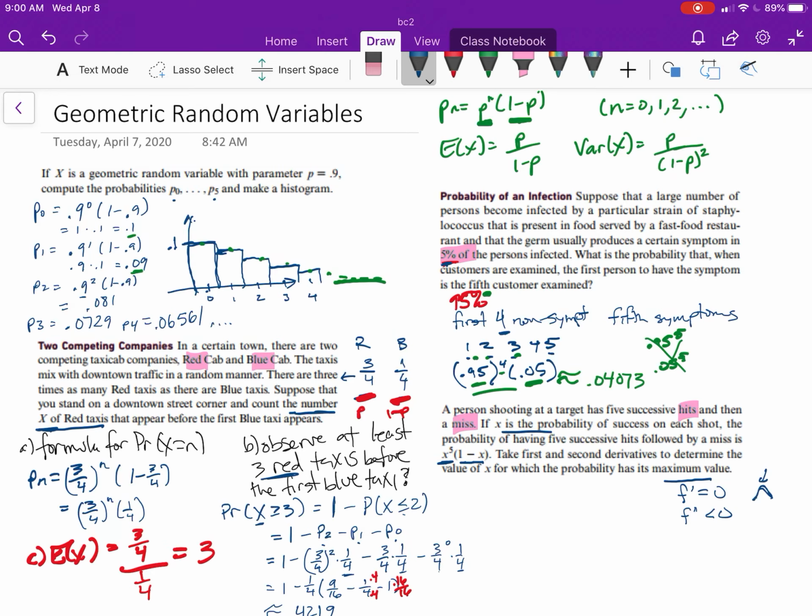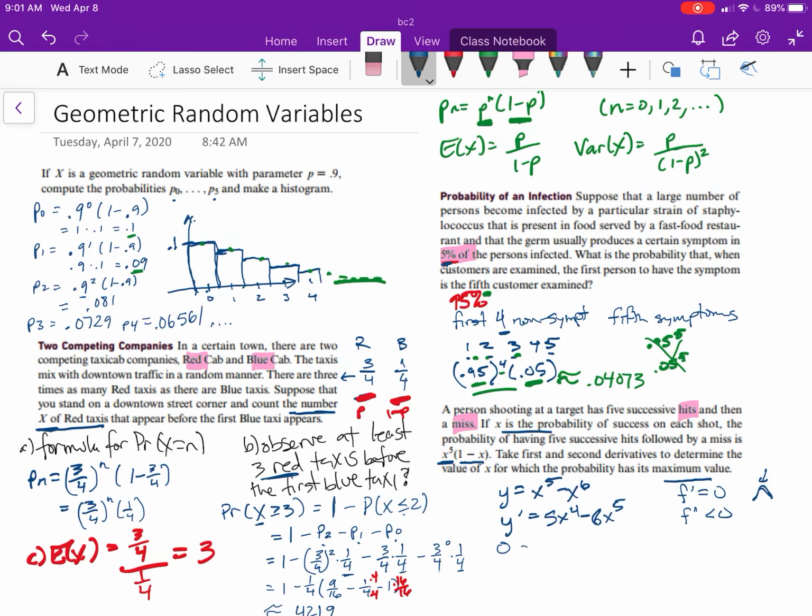So I need to find my critical points where the first derivative is 0, second derivative is negative. So if we go y equals this here, x to the fifth, I'm going to go ahead and distribute: x to the fifth minus x to the sixth. I don't really feel like using product rule, although it wouldn't have been bad. Okay, then its derivative is 5x to the fourth minus 6x to the fifth.